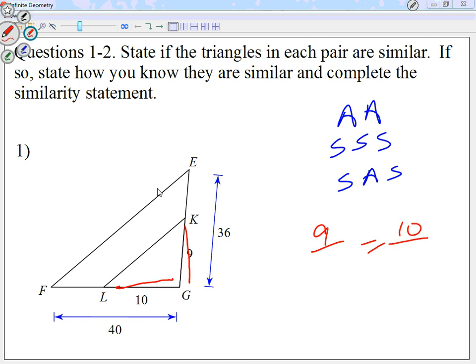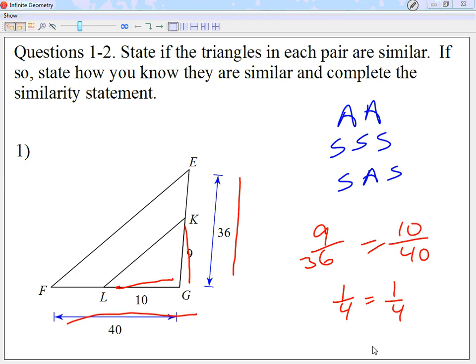I notice on the big triangle, my numbers are 36 and 40. I'm going to list them from small to large, 36 and 40. We call this proportional if my fractions reduce to the same thing. 9 over 36 simplifies to 1 over 4. 10 over 40 simplifies to 1 over 4. So the sides are proportional.